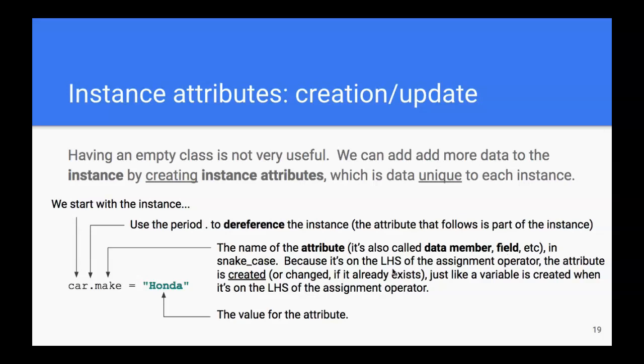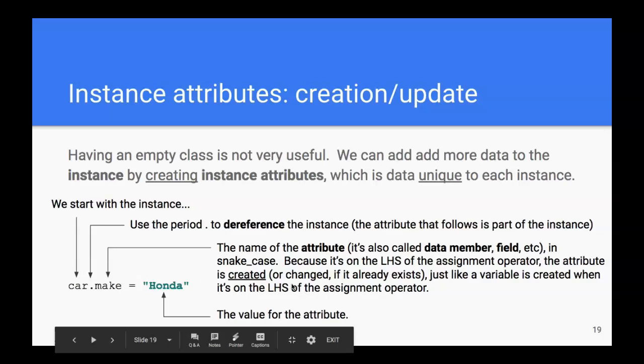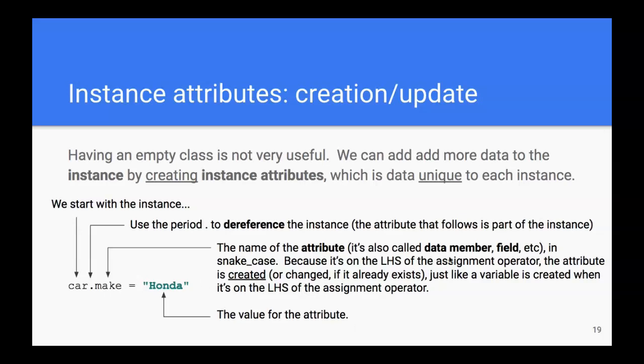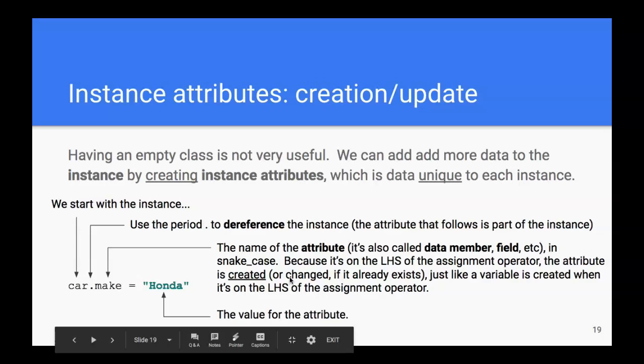Okay, now one thing to note, very important: because the attribute is on the left-hand side of an assignment operator, the attribute is created if it doesn't already exist in the instance, or changed if it already exists in the instance. That works pretty much the same way as a variable, right?